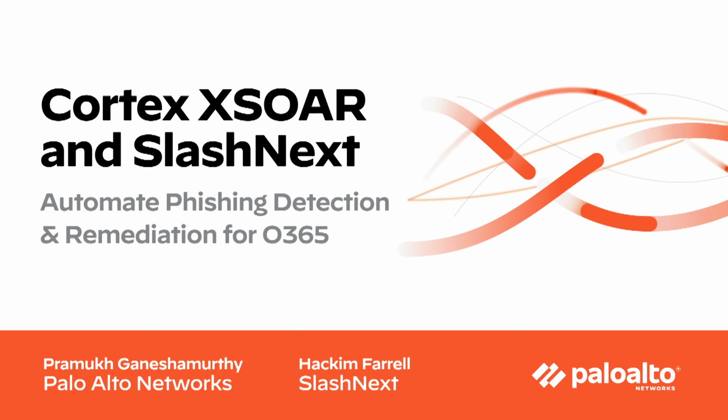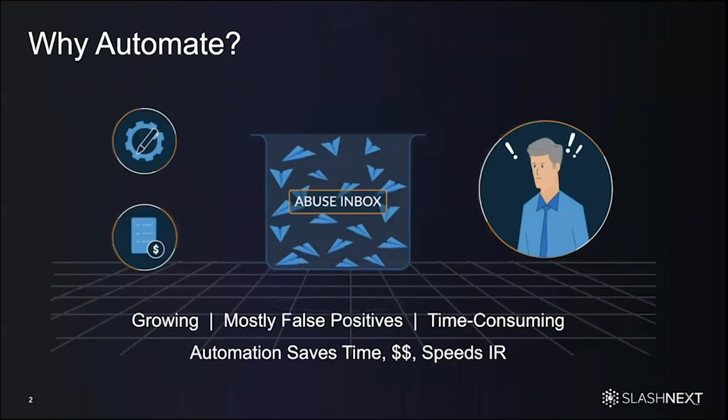So why do you want to automate phishing detection? Phishing is a growing problem that has significantly outpaced malware. As a result, submissions to abuse inbox is a growing problem as well.